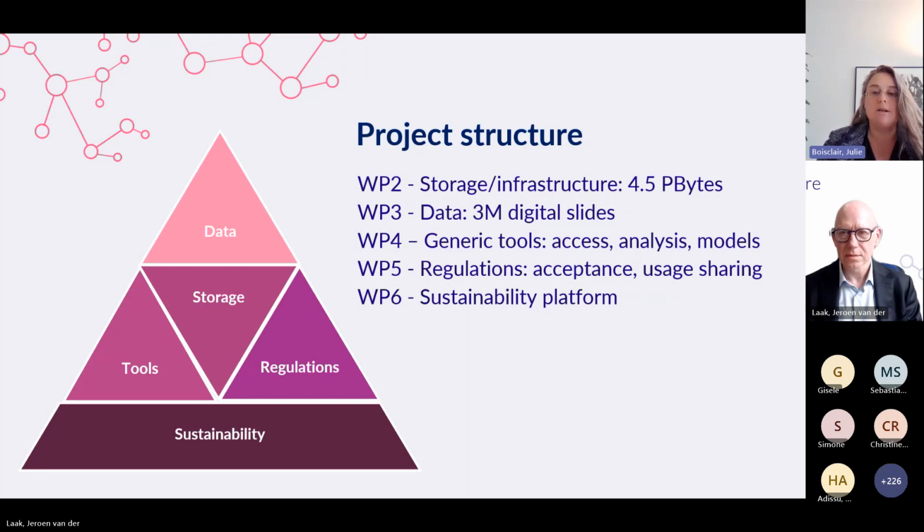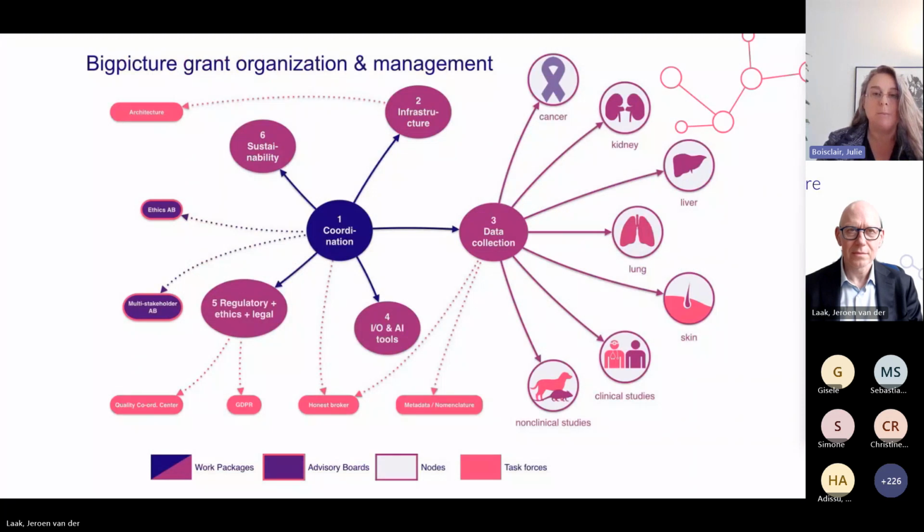There we discuss a lot of the legal questions and also the ethical questions around the use of AI in the health and in the pharmaceutical industry. And we have also at the basis the sustainability platform, because this was really started from the beginning, unlike a lot of other IMI and IHI projects where sometimes it's left out at the end, and it's more difficult to have these types of projects that are sustainable.